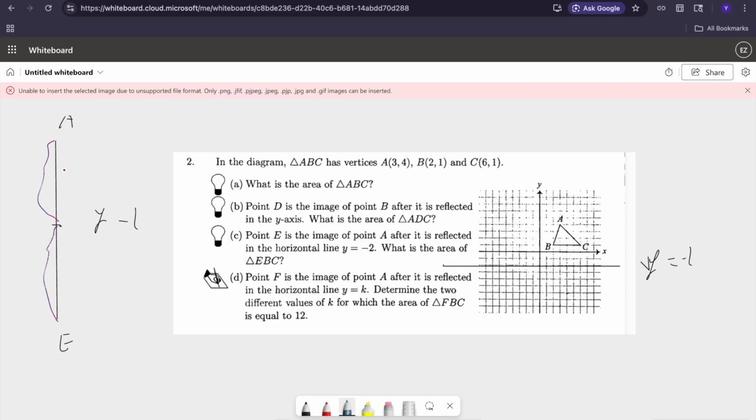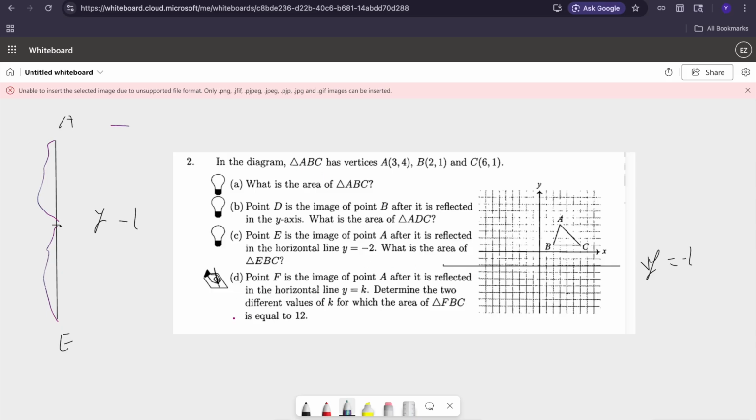And then we minus the value of the original height for the triangle ABC, which is 3. And the rest is the height for the triangle EBC.